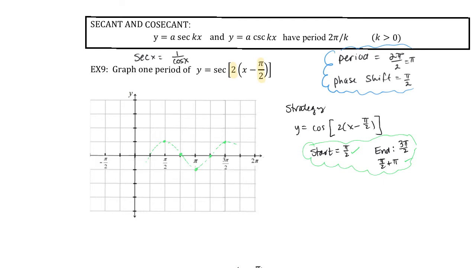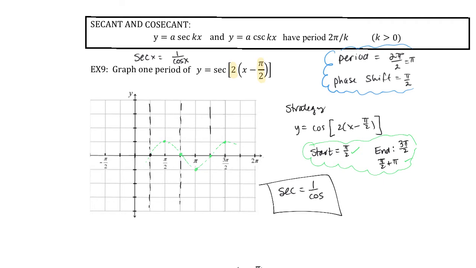So what happens is secant is the reciprocal. Okay, so what's the reciprocal of 0? 1 over 0? That's undefined. So we'll end up with these undefined places anytime that the output for cosine is 0, because of that reciprocal relationship.